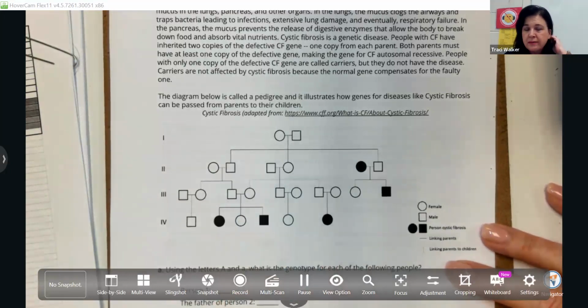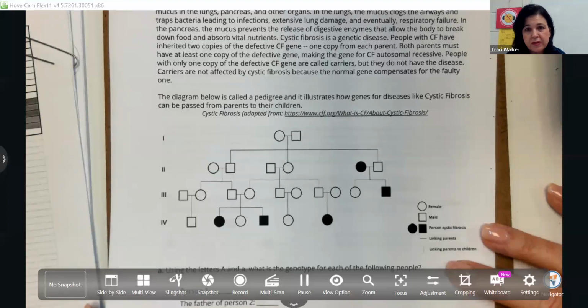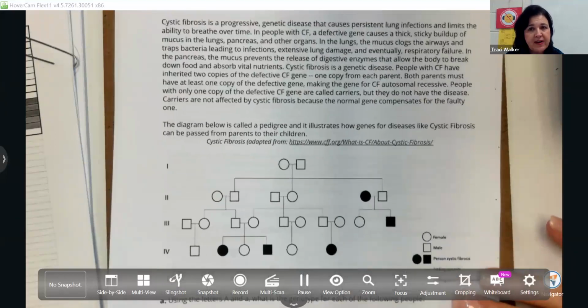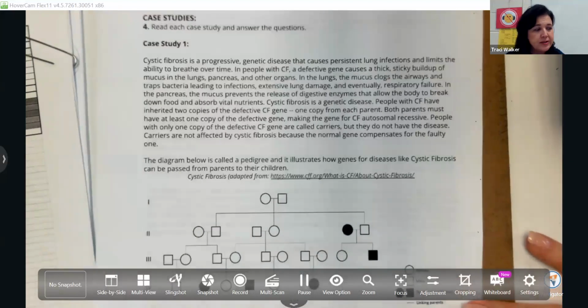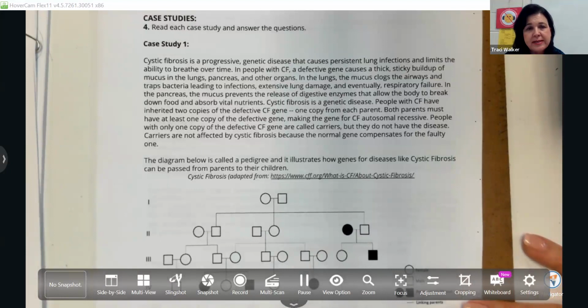So this is a pedigree showing people in a family that are affected with cystic fibrosis. So what is cystic fibrosis? Well, let's read this little passage so we can learn a little bit about it and find out what the pedigree is trying to solve. Cystic fibrosis is a progressive genetic disease that causes persistent lung infections and limits the ability to breathe over time.